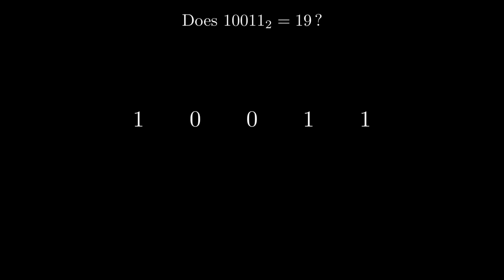In base 2, each position is a power of 2 and the powers ascend from right to left. The rightmost digit is 2 to the power 0, which is 1. The next is 2 to the power 1, which is 2. Then 2 to the power 2, which is 4. Then 2 to the power 3, which is 8. And the leftmost digit is 2 to the power 4, which is 16.